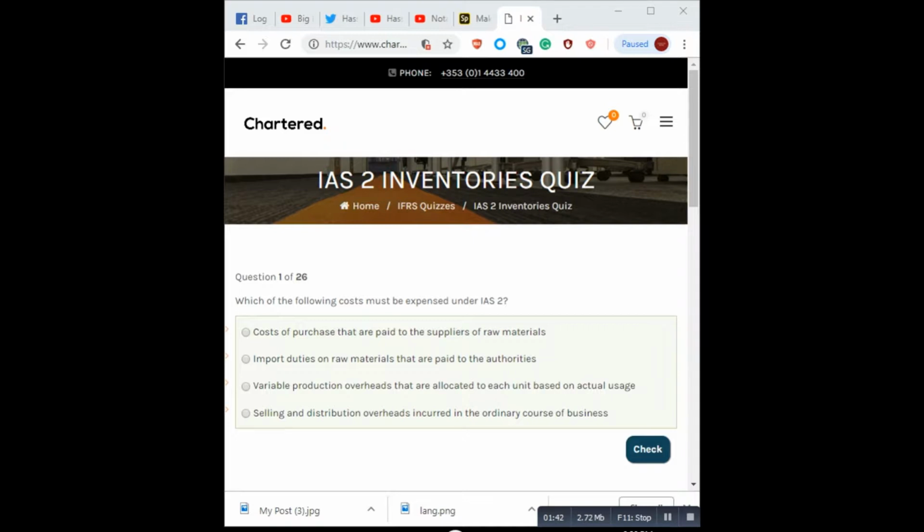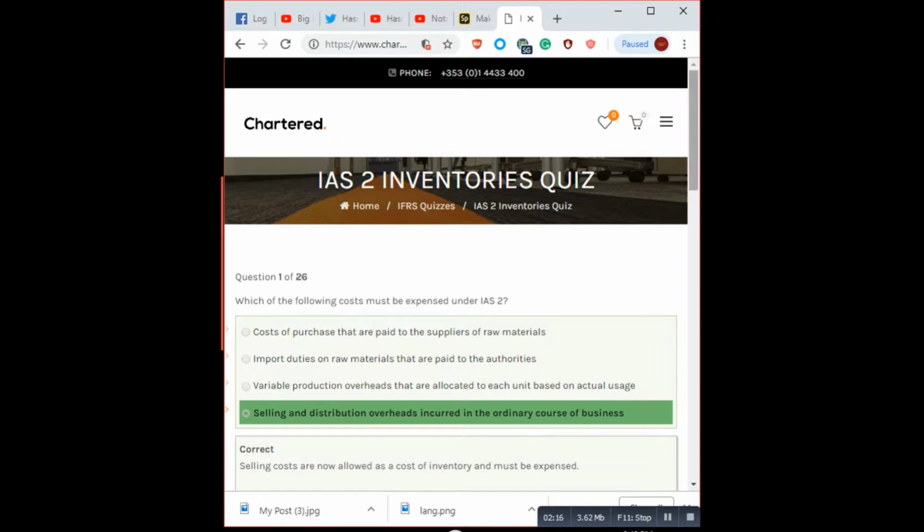Selling and distribution overheads must be expensed, because the import duties are part of the cost of purchase paid to the suppliers of raw materials. These are added to the cost of purchase. Selling and distribution overheads must be expensed. So yes, it is the correct answer.